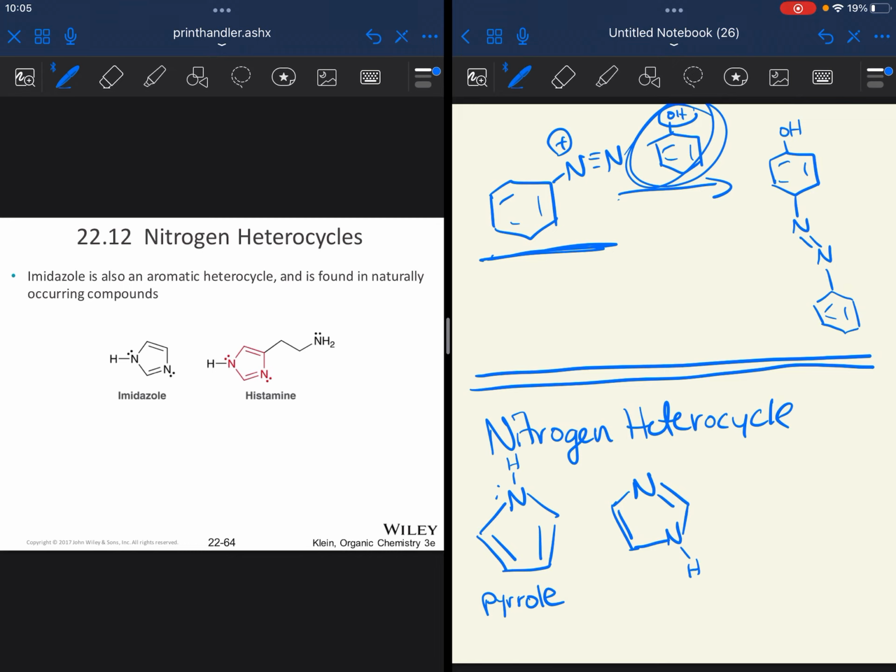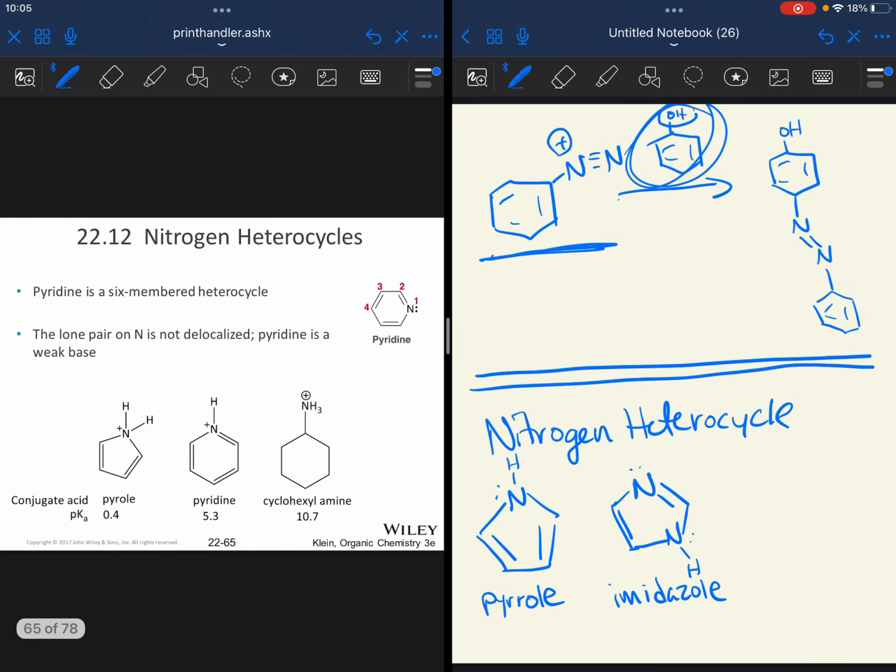So 1 nitrogen has a lone pair and it's in a double bond. 1 has all single bonds and a lone pair. Imidazole is another very common and important heterocycle. You see it here. It's part of histamine, which might be a compound that you're familiar with, especially if you deal with allergies. We also looked at pyridine.